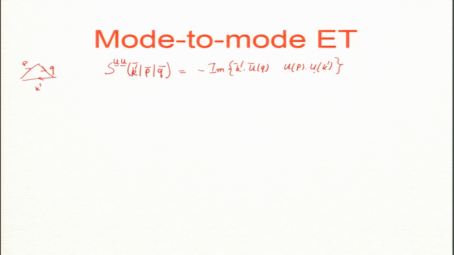Now this uk prime is u star of k. Okay, but this is symmetric. So I can change k prime to p and p to k prime. I can follow this. So this is a giver, receiver, and mediator modes, and these are mediator and receiver wave number. Okay.